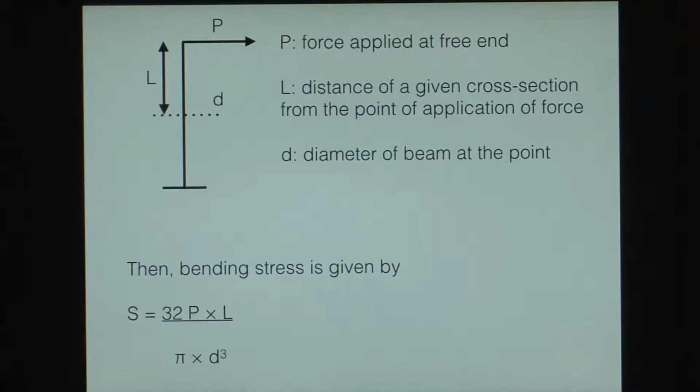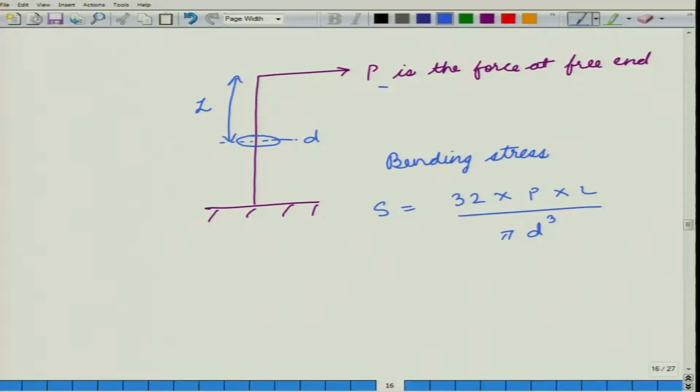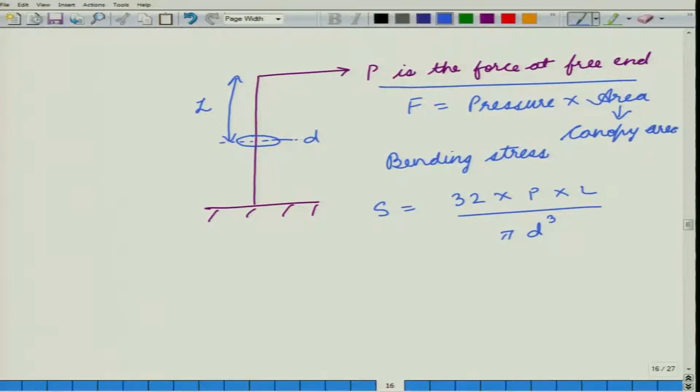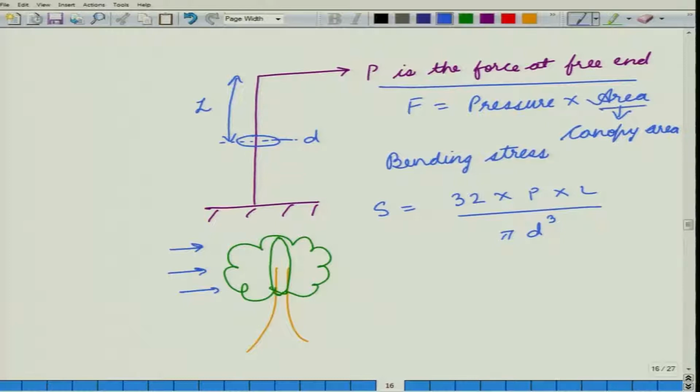Now, P is the force at the free end. So, force is equal to pressure into area. Here the area is the area of the canopy. So, for instance, if we had this tree, then the area of this cross section that is facing the wind forces is this area, and the pressure is the wind pressure.